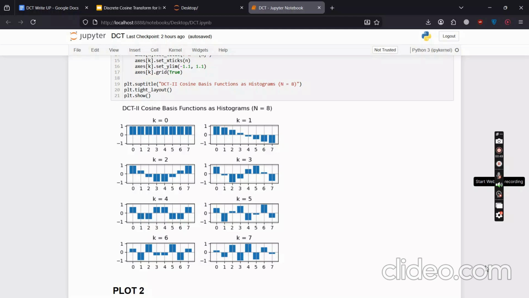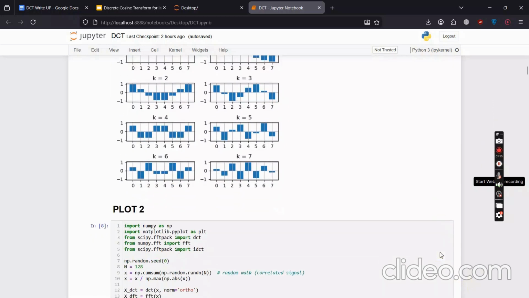The k equal to 0 basis is a constant, while increasing values of k produce cosines with progressively higher frequencies, more oscillations across the 8 samples. Together, these 8 functions form an orthogonal set, meaning they are independent and can efficiently represent the signal in the frequency domain.